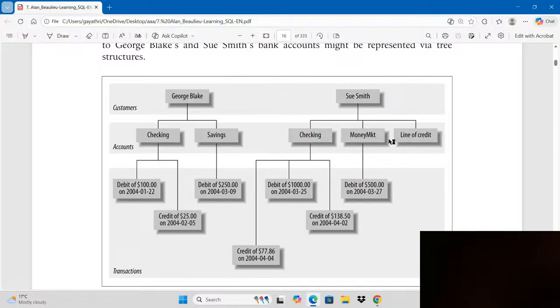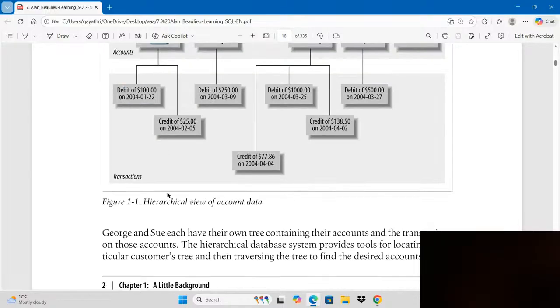Checking, line of credit, and money market. In each account, there are debit or credit transactions for each account.